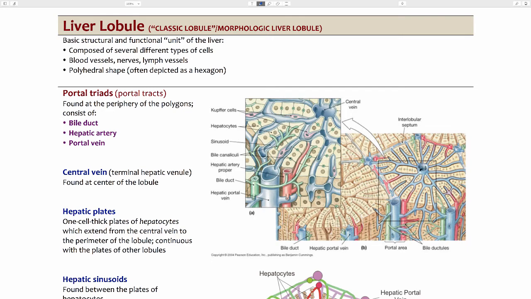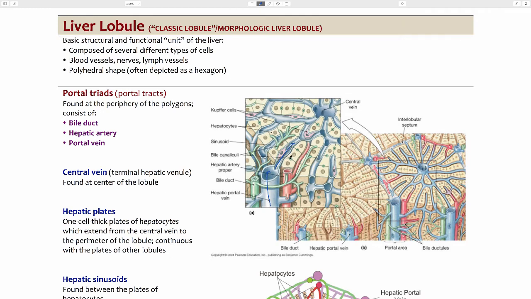And in the middle there's the central vein, and this is going to take all the blood out and move it into the vena cava. Okay, so the way it works here is, let's follow blood, for example, from the intestines coming in the portal vein. It's flowing in here. It's going to flow down these little tracts, lined in endothelium, towards the central vein.